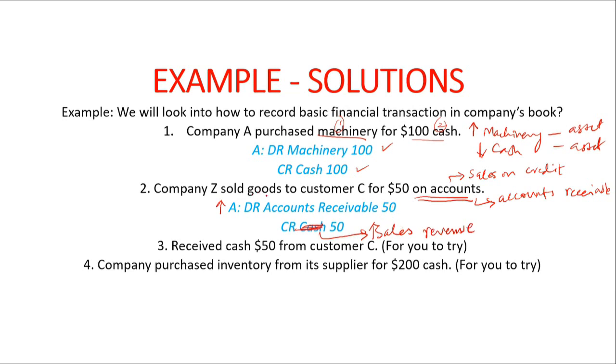So company Z sold goods to customer C for $50 on account. There are two accounts involved: accounts receivable and sales revenue. You can look at the nature of the account. Accounts receivable is an asset nature account, and sales revenue is a revenue nature account.